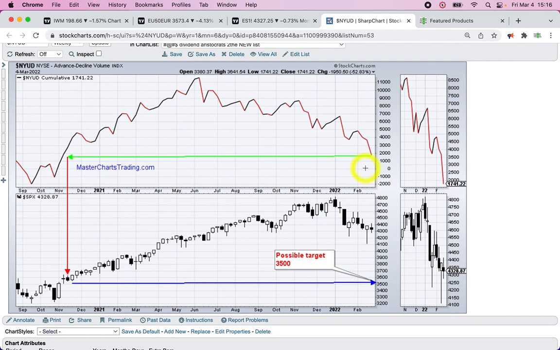So extrapolating this thinking, not exactly an exact science, obviously. If the advance decline line broke below significantly, and S&P 500 hasn't yet done so, the possible downside target is where the advance decline line was previously. Again, this is extrapolation, this is conjecture, but 3,500 for S&P 500 is disastrous.